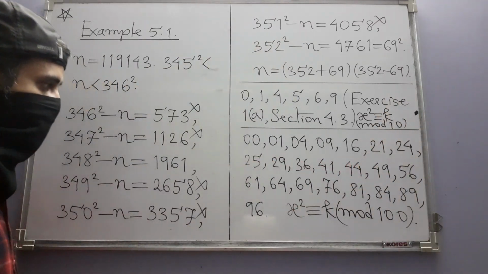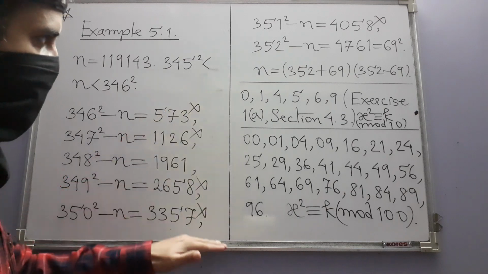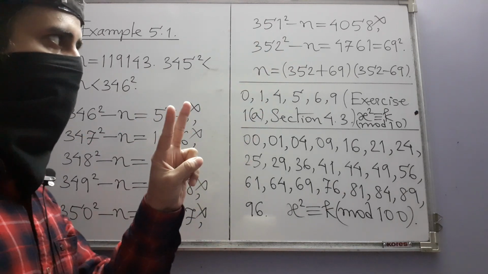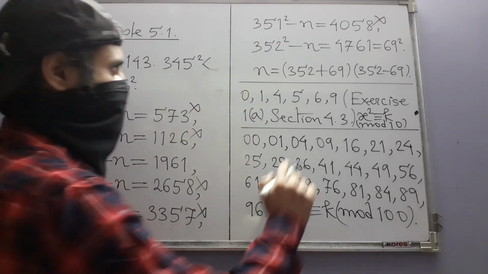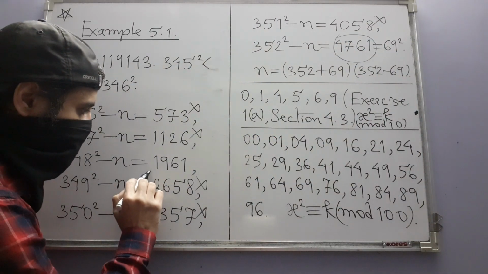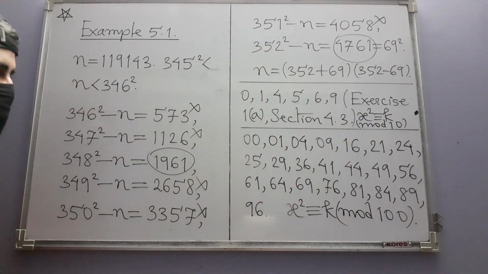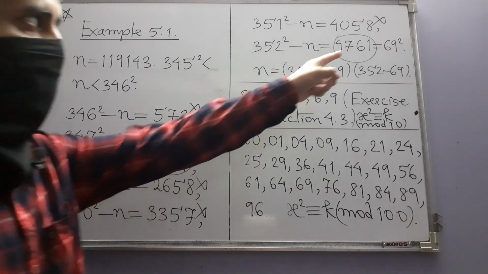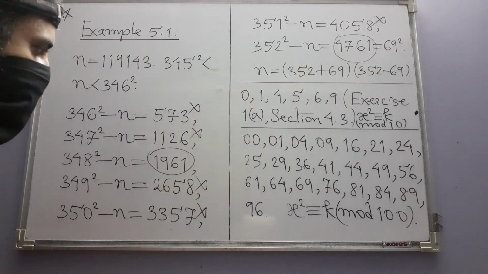But you see, already you have ruled out many things except 2 cases. One of them is this number and the other one is this number. It turns out that this is a perfect square, but this is not.